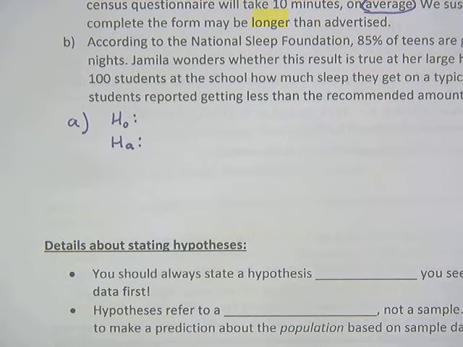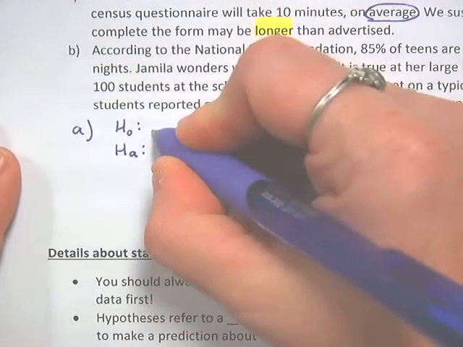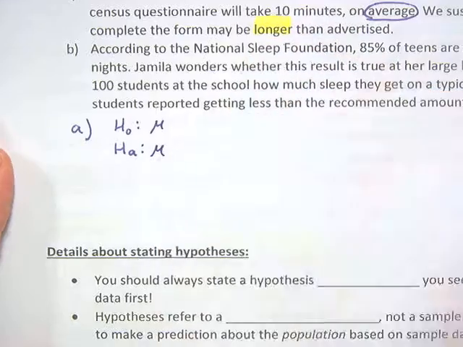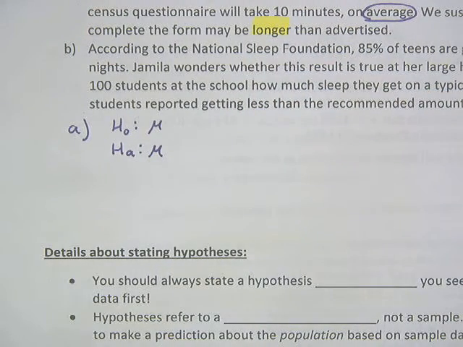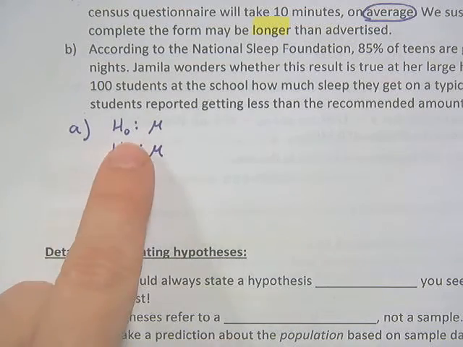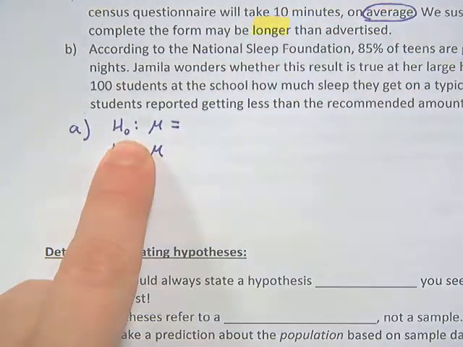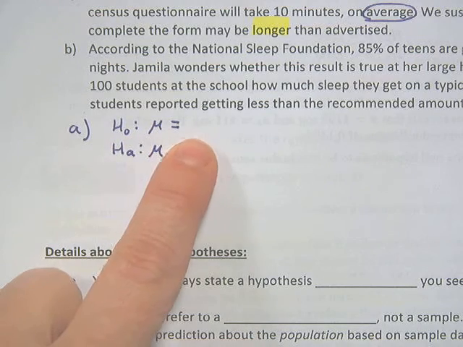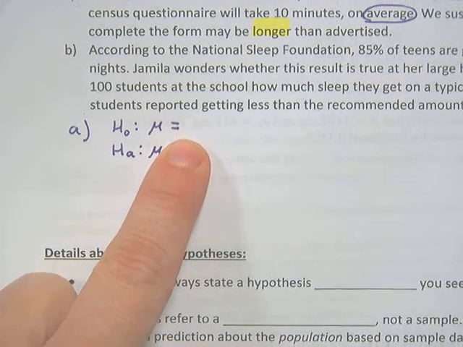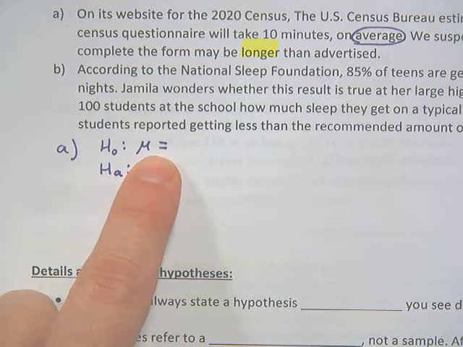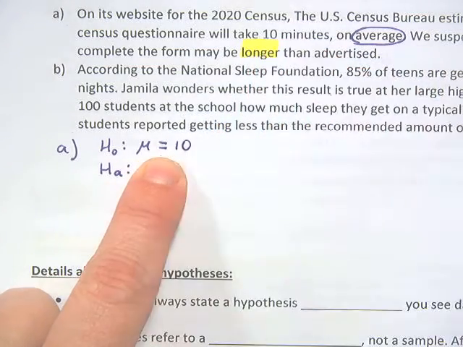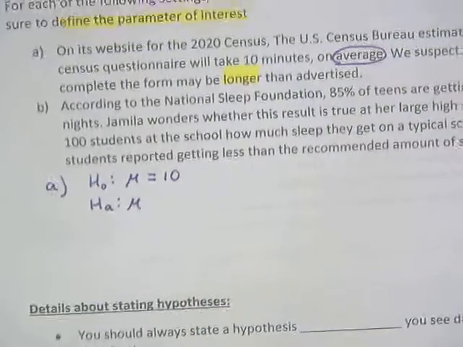Your null goes first. Here's what I know so far. I'm talking about a population average. So I'm talking about mu. So both of my hypotheses will have mu in them. I also learned on the previous page that the null will always have an equal sign in it. Now, what the Census Bureau is claiming is that on average, it takes you exactly 10 minutes to complete this questionnaire. And that's why the number 10 goes there.